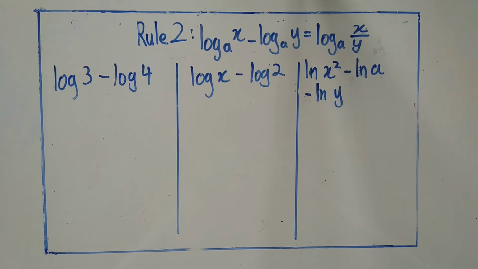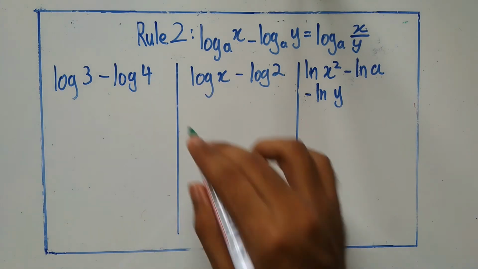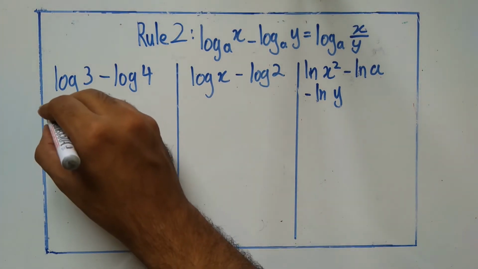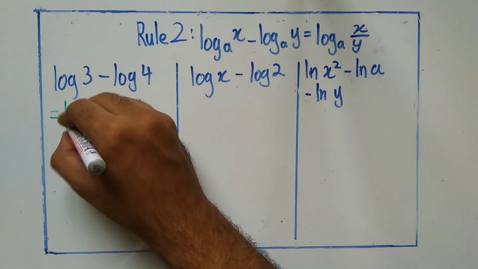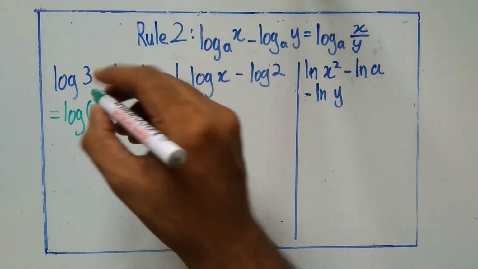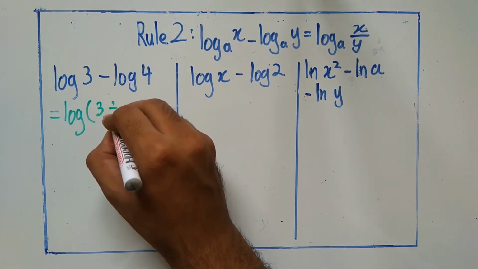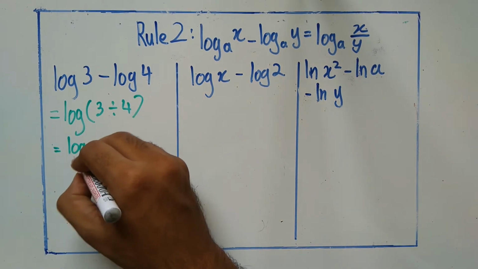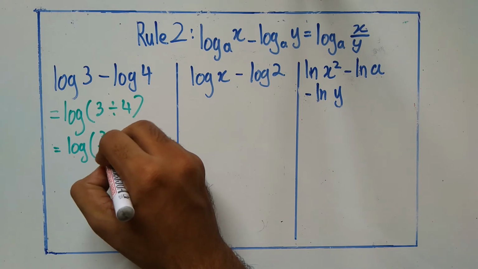They are the same examples except that I just switched from plus to minus. In the first example, we have log 3 minus log 4. We can use the subtraction rule to get log 3 divided by 4, which is equivalent to log 3 over 4.